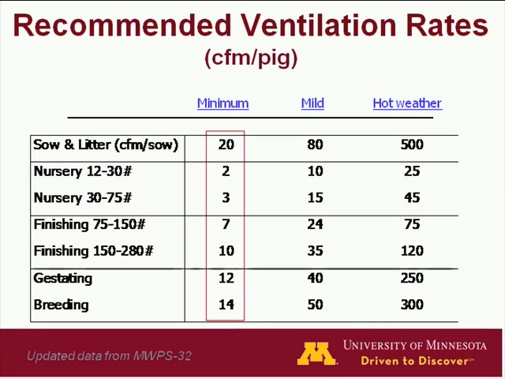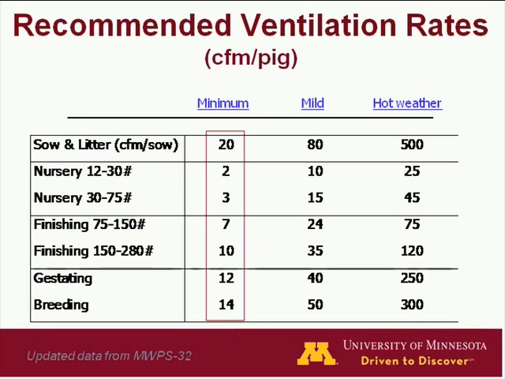So it's very important. If we look at our ventilation rates, and this is cubic feet of air per minute per pig, these are recommended in Midwest Plant Service or other sources, and these are determined by heat and moisture balance.